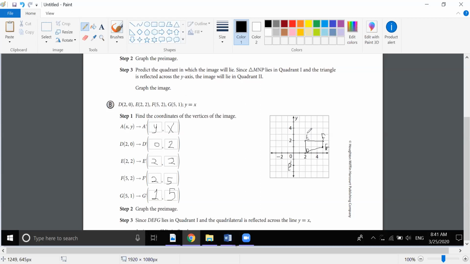But this one, this is not E prime, this is D prime. You are not concentrating. Sorry, this is D prime. Actually, it's not even correct.